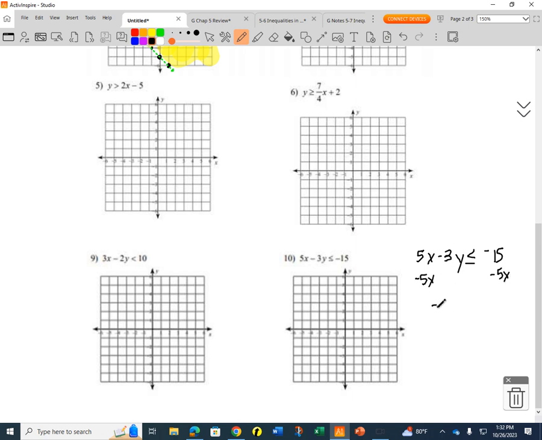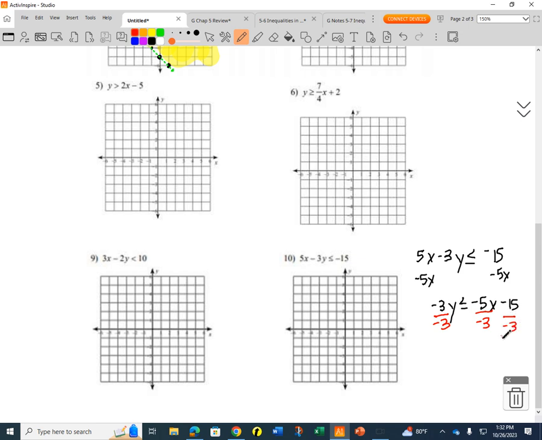So now we have negative 3 times y is less than or equal to negative 5x minus 15. Now here's something you may not remember. We've got to divide by negative 3 here, right? So when we divide by a negative number, when we're talking about inequalities, does anybody remember what we have to do?